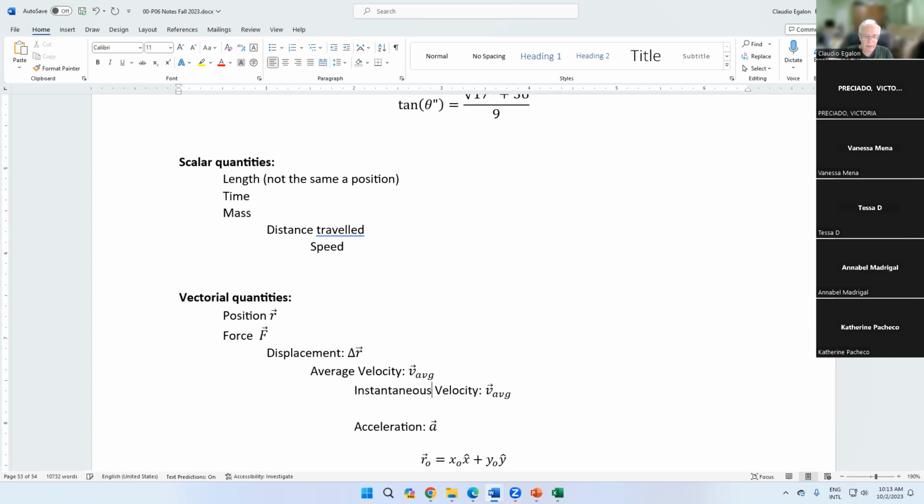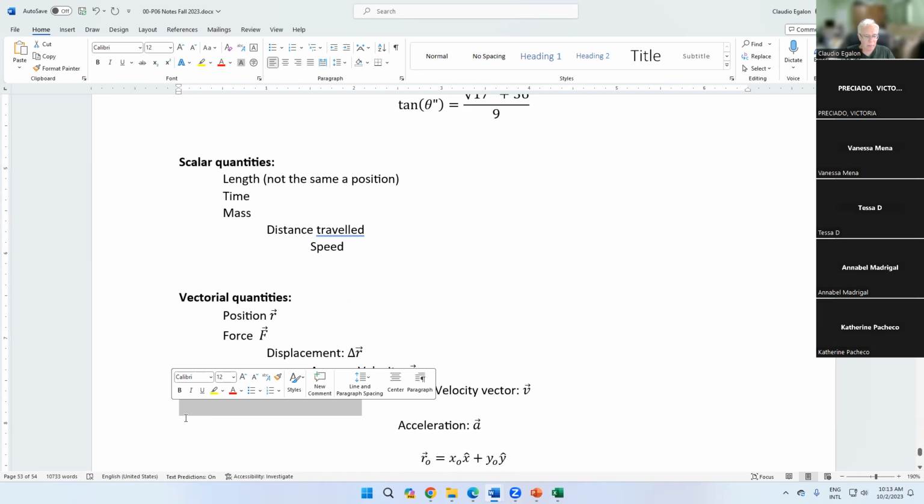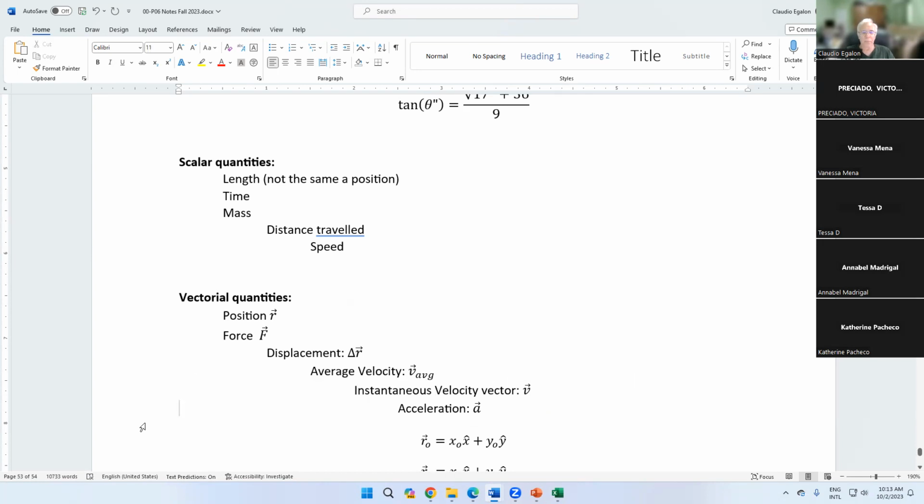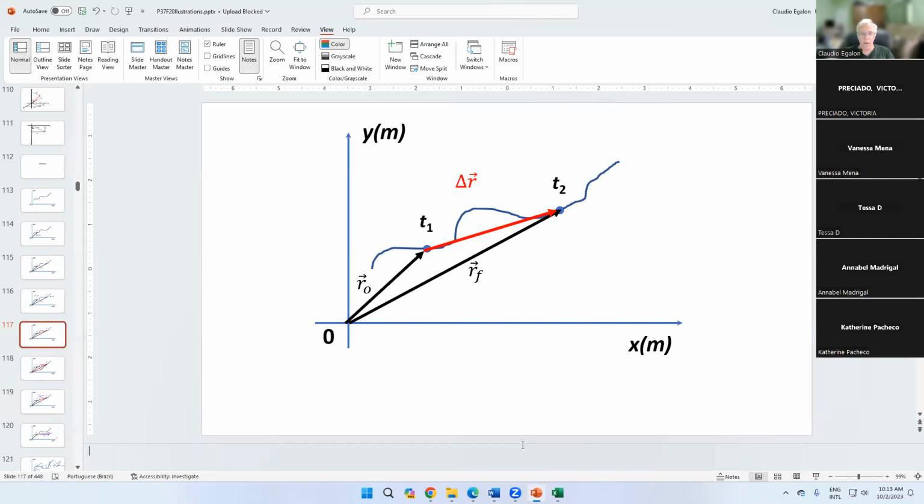Instantaneous velocity vector. I denote it just by the V with an arrow, without the AVG, right? Okay, see here.